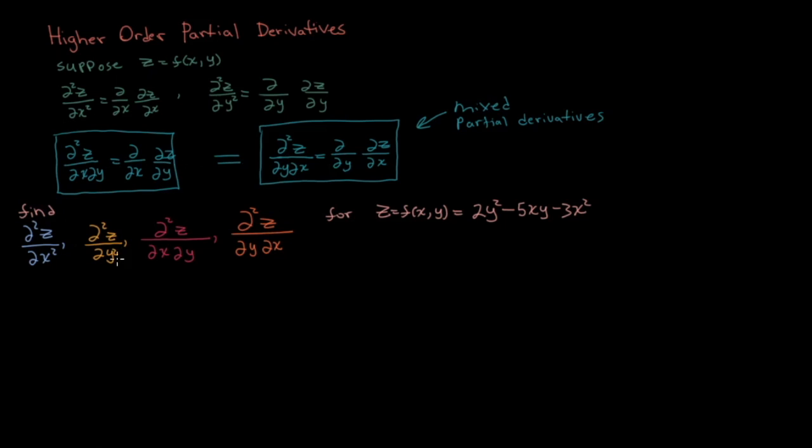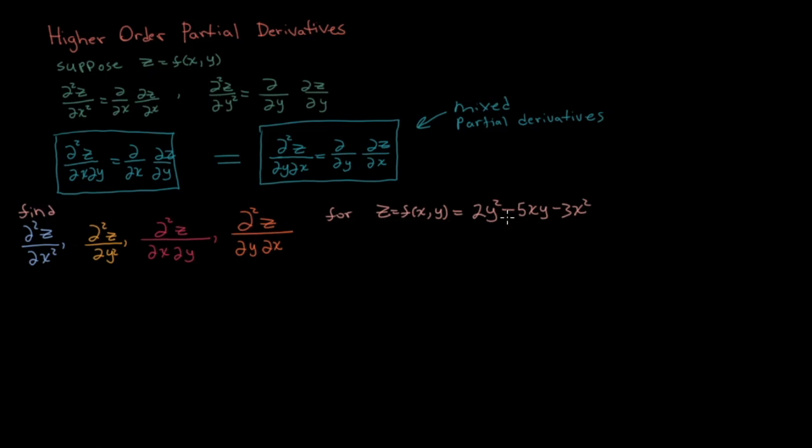So to demonstrate that, we're going to do a few examples here. We're going to find some higher order partial derivatives, in this case second order partial derivatives. We're going to get del squared z by del x squared, del squared z by del y squared, and then del squared z by del x del y, and then basically the same thing but in reverse order.